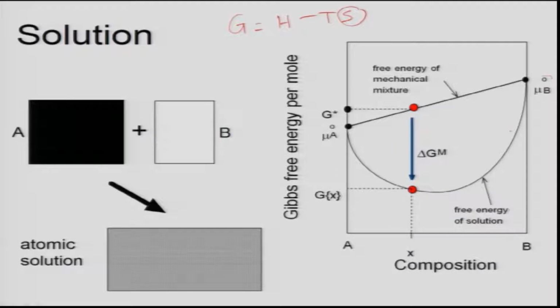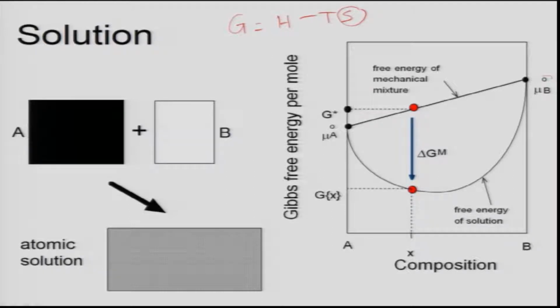Now, the question is this: at a particular composition X, the physical mixture has a free energy equal to G star written here. You see here, I can simply put a dotted line and find it out, but the atomic mixture has a free energy given by G within curly bracket within X. So, there is a huge change of free energy.